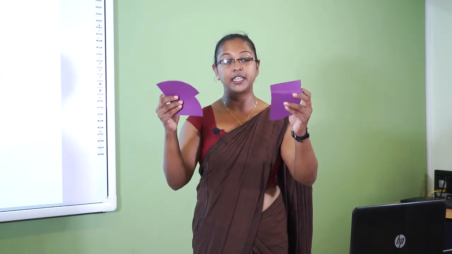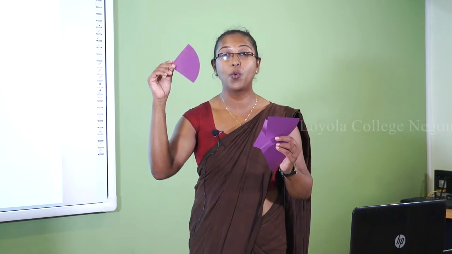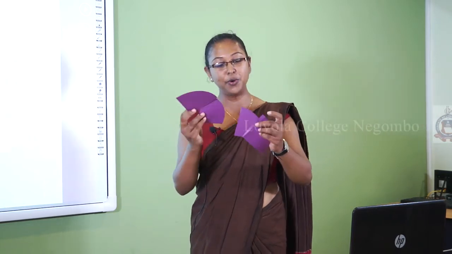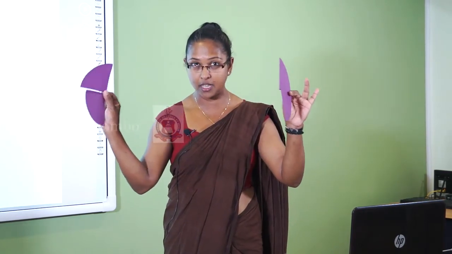Then we get how many parts? 4 equal parts. So this one part is called a quarter. So now you know in a whole one there are 4 quarters. 2 quarters make a half, 2 halves make a whole one.